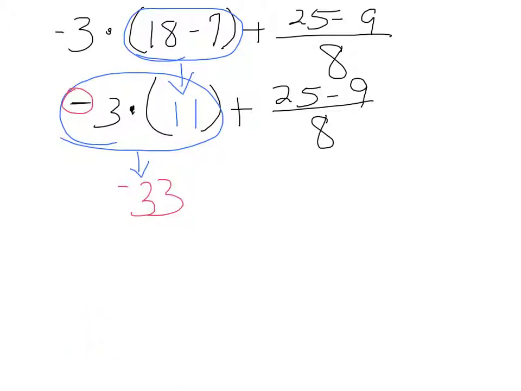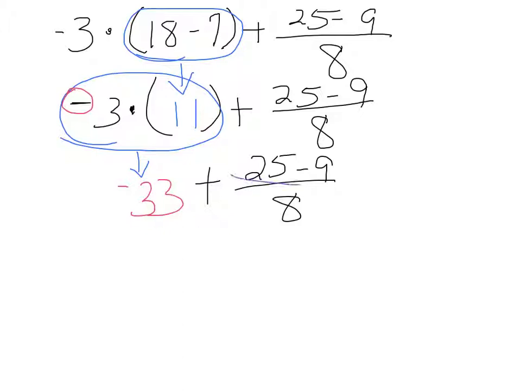Going back to our problem, I want to bring down the rest the way it is. Now we have 25 minus 9 divided by 8. Okay, so yes, we technically have a division problem. But before we can divide by the 8 on the bottom, we've got to subtract our top. We got to simplify our top.